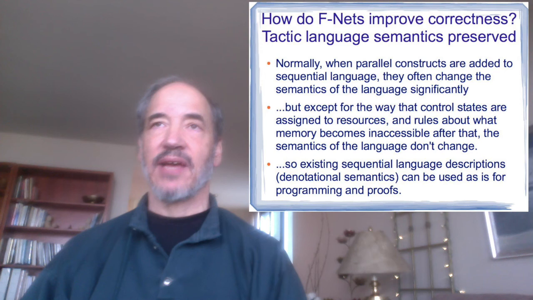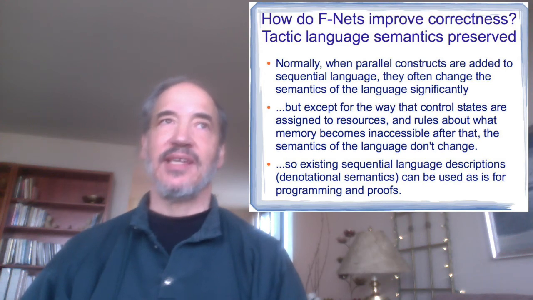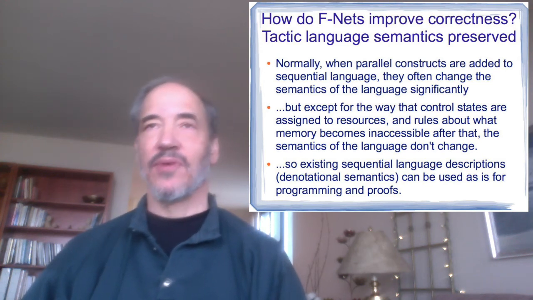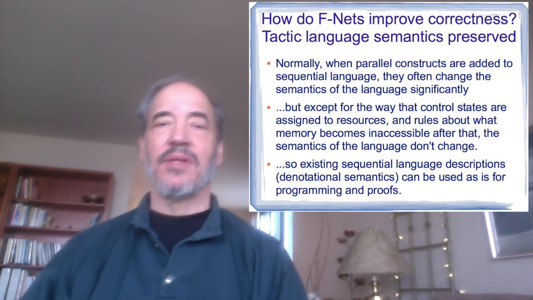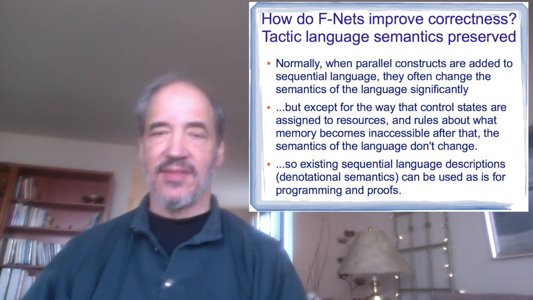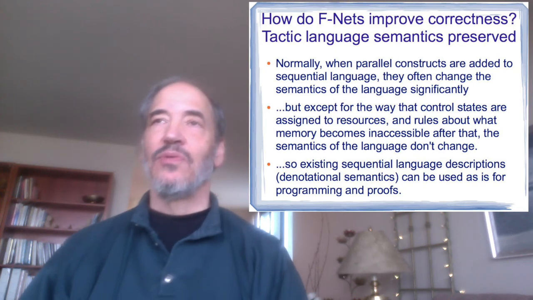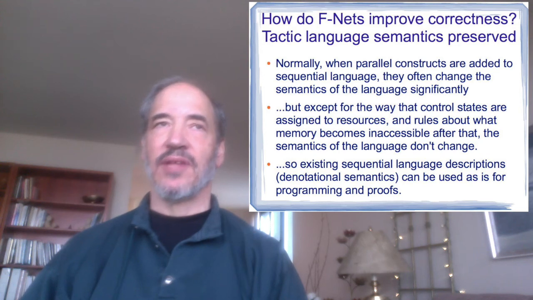Also, the tactic languages themselves are generally standard sequential languages. So you might have C or Fortran or Python or whatever. That's what you might implement your tactics in. And normally, when you start throwing concurrency or parallelism into things, you suddenly throw out some of the rules of your language.